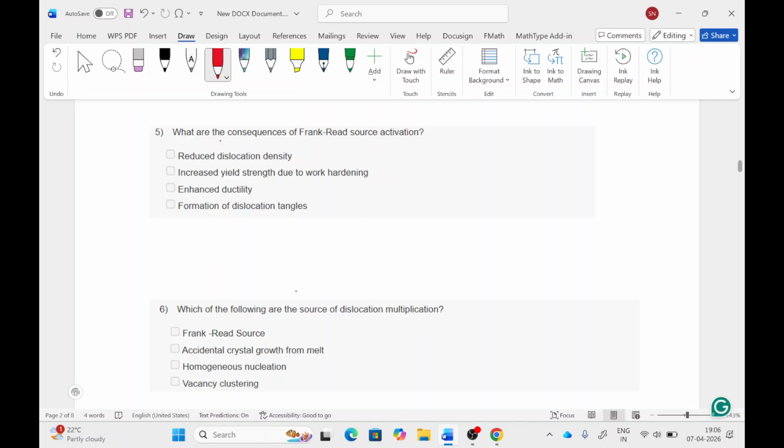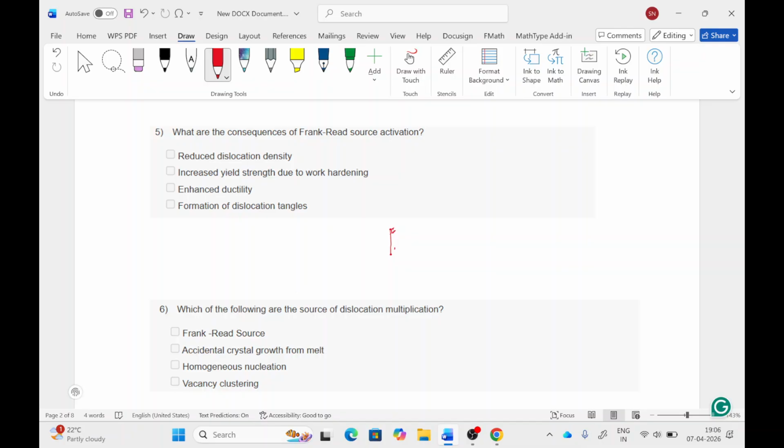So next question is, what are the consequences of Frank-Read source activation? So Frank-Read sources are dislocation lines only, which generate dislocation loops. This is the dislocation line. So they form an infinite number of dislocation loops.